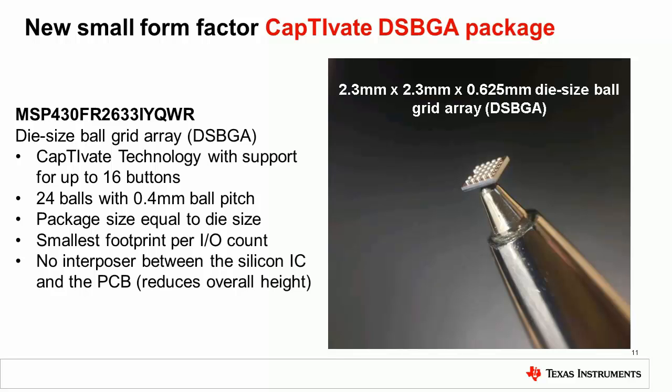From a form factor standpoint, we're 2.3 by 2.3 and also very thin at 0.625 millimeter. So when we talk about small form factor, we're talking not only about small size in 2 dimensions, but also in the 3-dimensional space, if you're challenged with having to design very thin form factor designs as well.